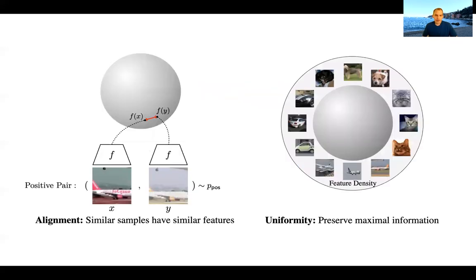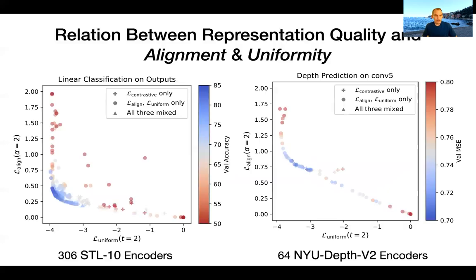Okay, so we've proposed that good representations are aligned, meaning two different views of the same scene are mapped to the same point in representation space, and uniform, meaning the embeddings for random images are mapped to a uniform distribution. We can run the same exact experiments that we ran in the other work, where we look at transfer performance for different representations. So on the x-axis in these plots, we have the uniformity metric, and on the y-axis, we have the alignment metric.